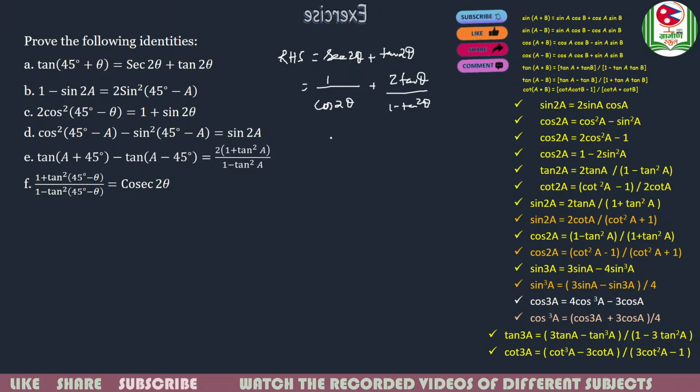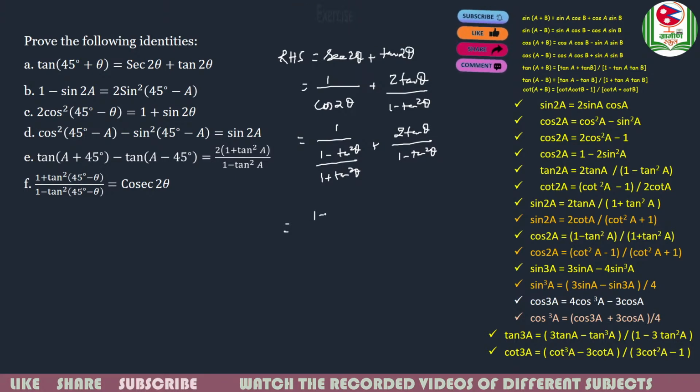And this cos 2 theta means again here 1 upon (1 minus tan square theta upon 1 plus tan square theta). So (1 plus tan square theta) upon (1 minus tan square theta) plus 2 tan theta upon 1 minus tan square theta. After that you can understand how we can solve it.